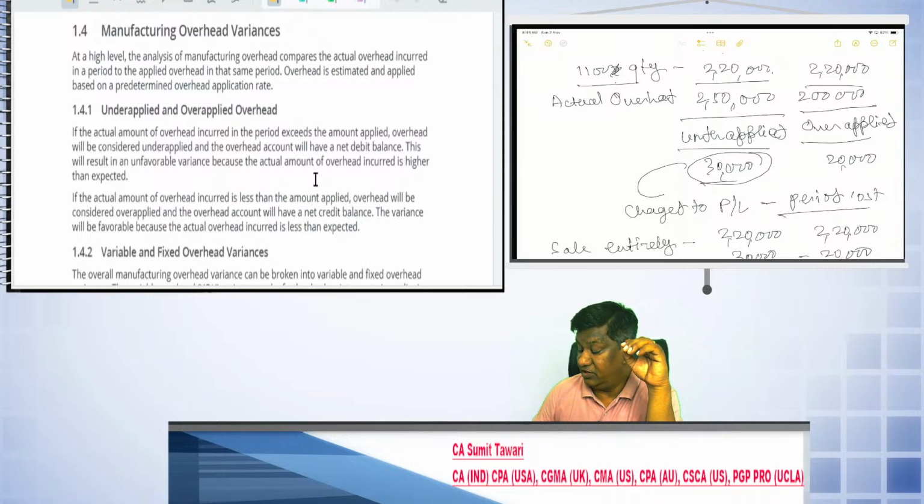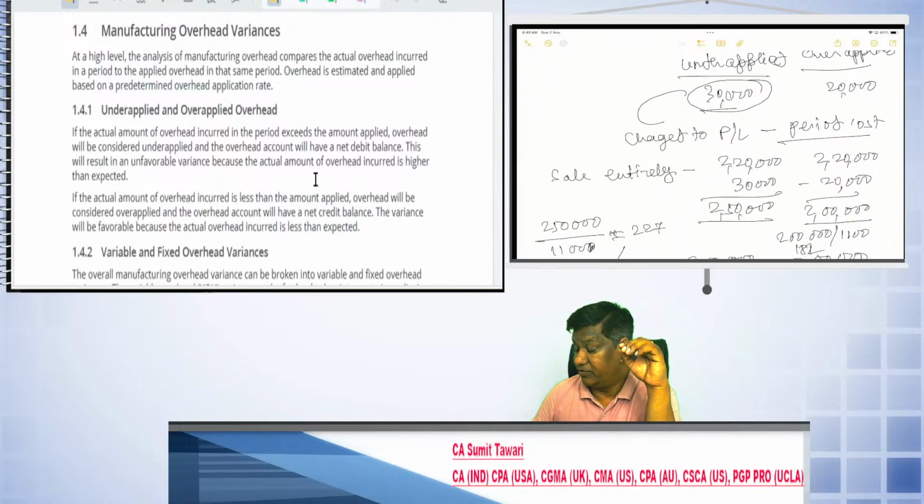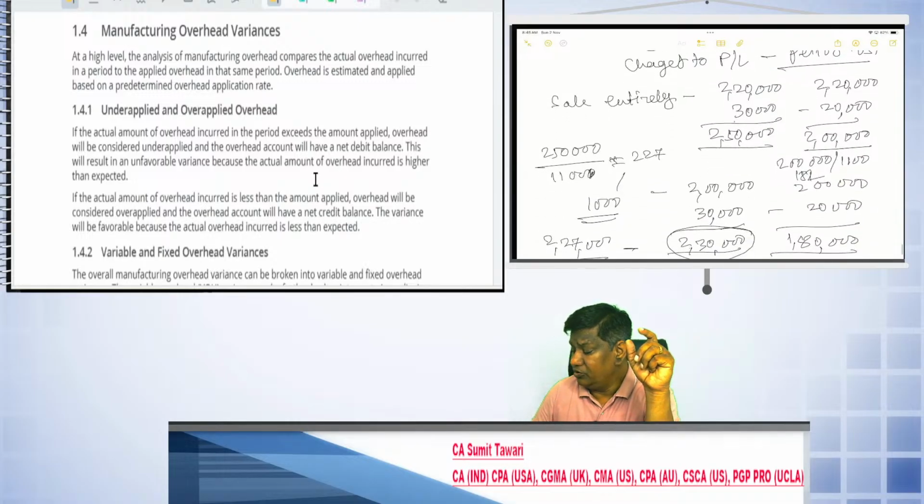But if I am selling only 1,000 quantity, then I can charge to the PNL 2,00,000, and the period cost is 30,000, which is 2,30,000.